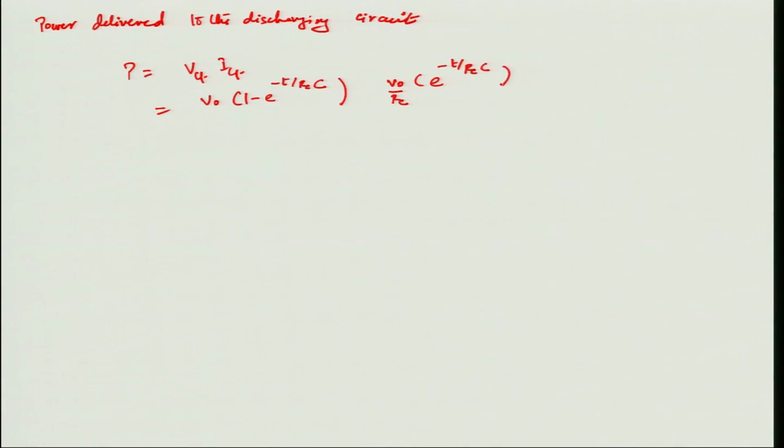The total energy dEn would be a product P dt in this case, because obviously power multiplied by time gives the total energy which is transferred.